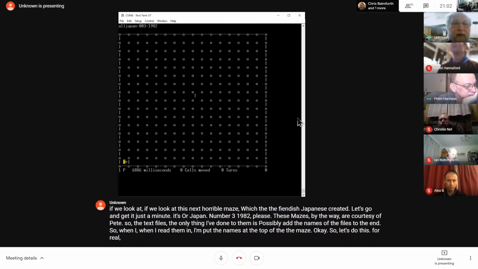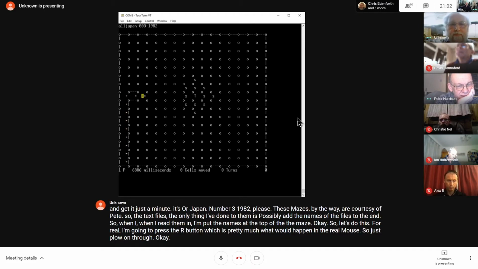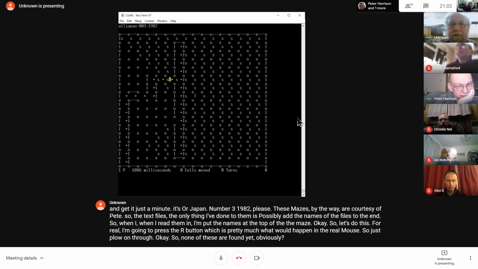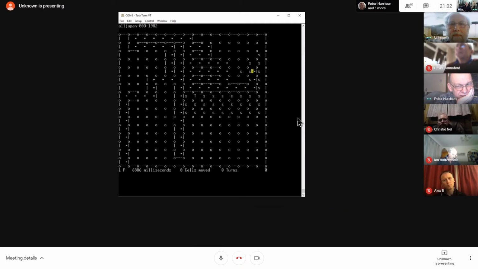I'm going to press the R button, which is pretty much what would happen in the real mouse, so it'll just plow on through. So none of these are found yet, obviously. Okay, so it's found the center once.